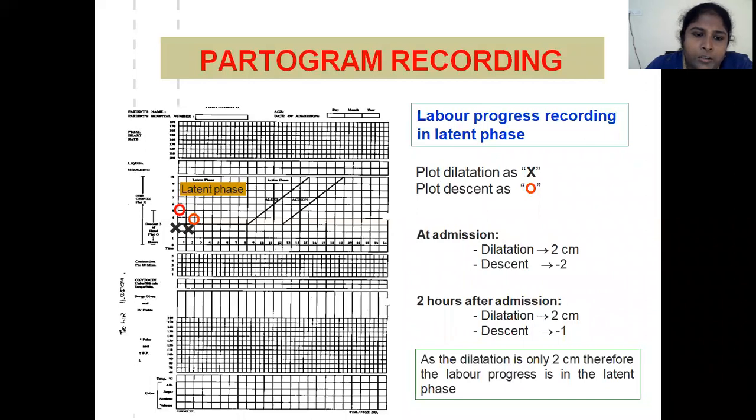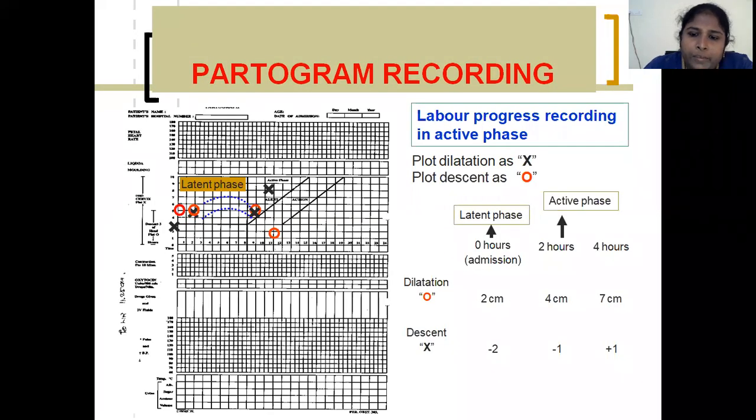Until the dilatation comes to 3, you call it the latent phase. In the active phase, dilatation at 2 hours will usually be 4 centimeters, at 4 hours 7 centimeters, at 6 hours 10 centimeters. Descent will be -2, -1, 0, +1, +2.